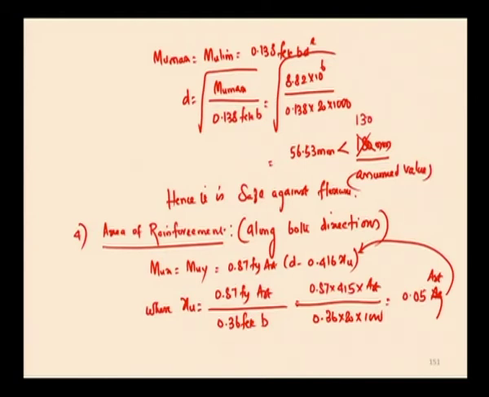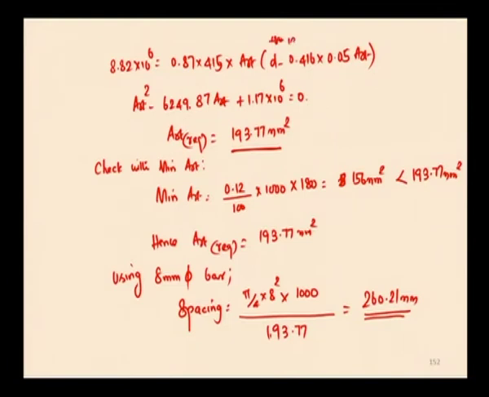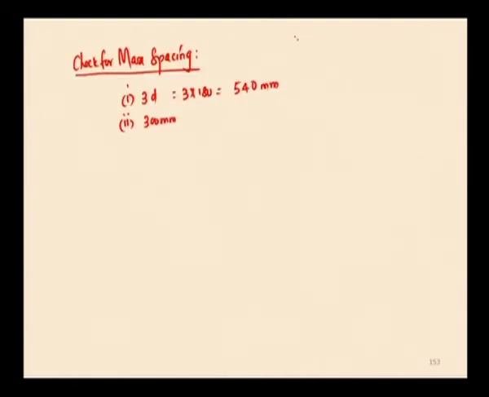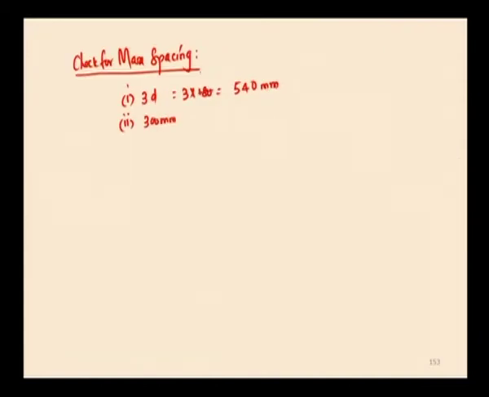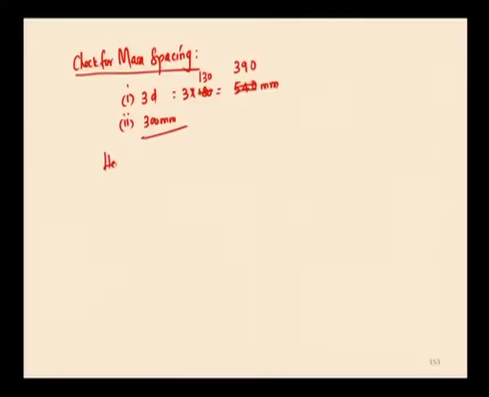Using that, we got 193.77, and the minimum Ast is 156 millimeter square, which should be less than 193.77. Here 3 times the effective depth of the slab is 390 millimeter, and 300 mm, whichever is smaller. So, this 300 mm is greater than 260.21.